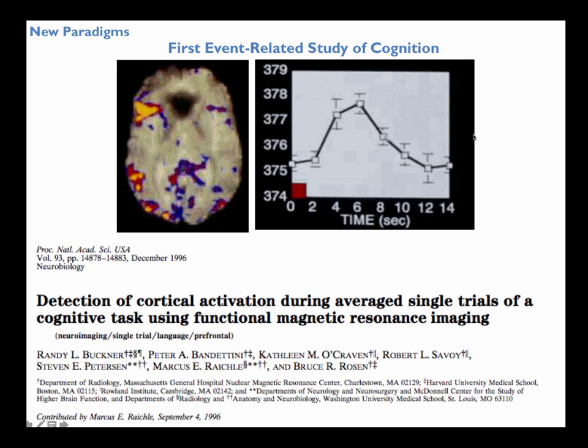Okay, then event-related design was finally applied to cognitive activation. This is some work by Randy Buckner. It was also done by Greg McCarthy at Yale as well, in which in this case, it was just a word stem completion task, focusing in on the left anterior prefrontal gyrus. With a word stem, you could elicit a nice hemodynamic response. So that was the first cognitive application of event-related right there.